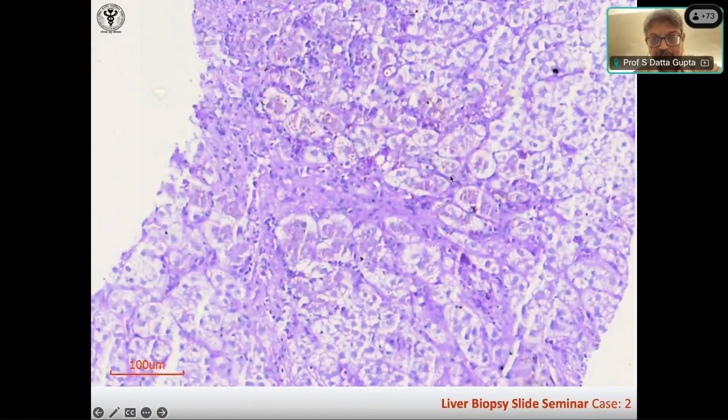See, this is well brought out here in this diastase PAS. And you see these diastase PAS positive cells here, with necrosis. There's some cholestasis also within the cells.